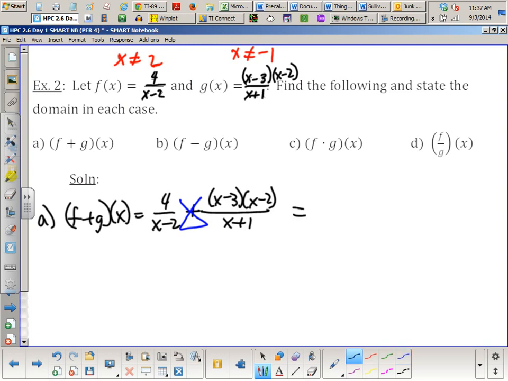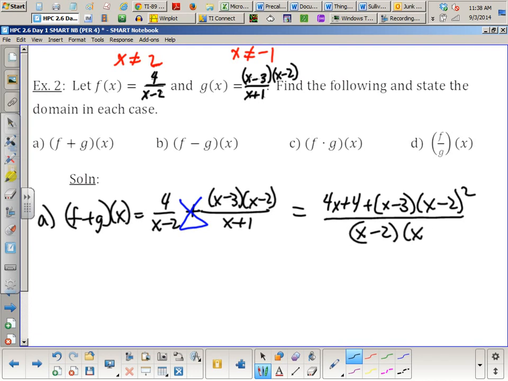We're going to multiply the 4 with the x plus 1. We're going to multiply the x minus 2 with the x minus 3 and the x minus 2. So you end up with basically that. And as for the denominator, it's just the product of the two denominators.